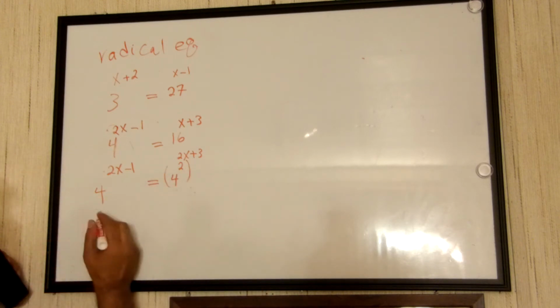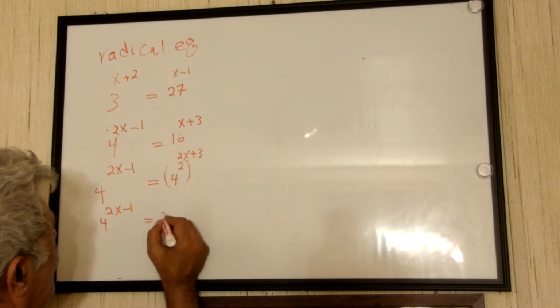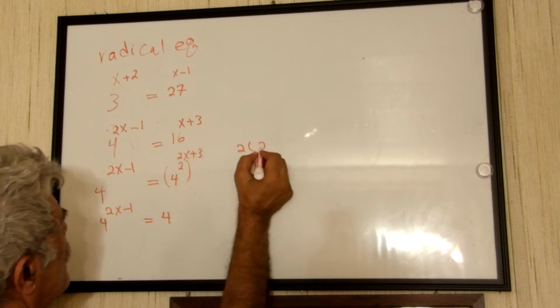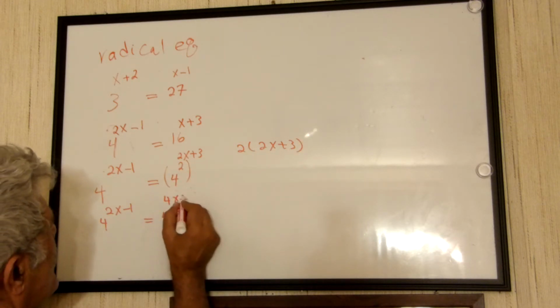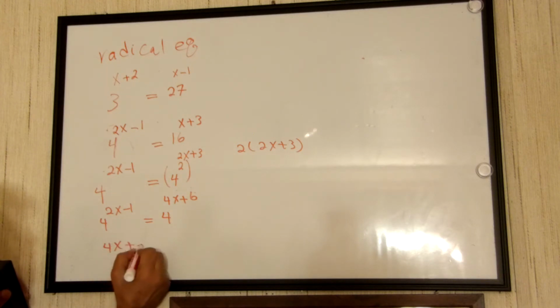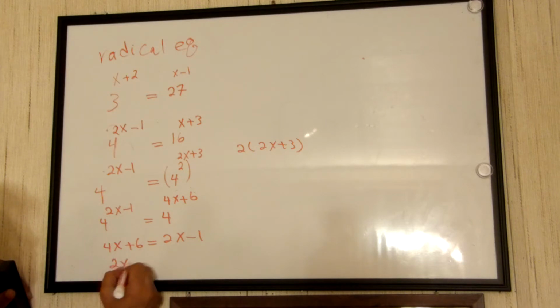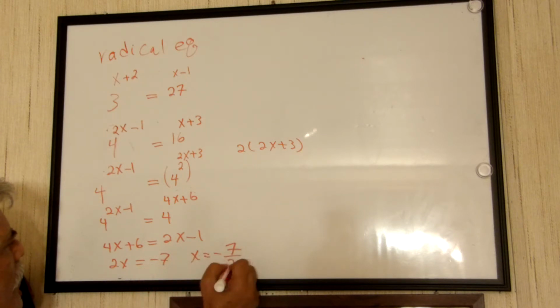It's going to be 4 to the power of 2x minus 1 is equal to 4 to the power of 2 times 2x plus 3. So 4x plus 6 is equal to 2x minus 1. It's going to be 2x, and this is going to be minus 6, minus 7. x is equal to minus 7 over 2.